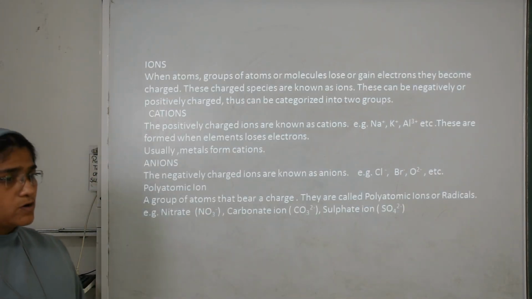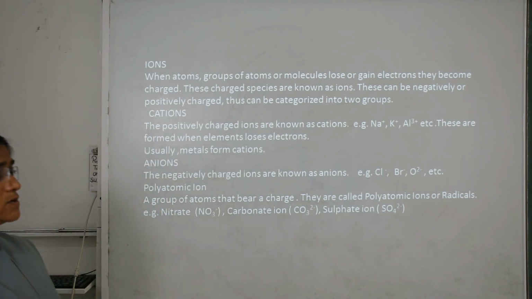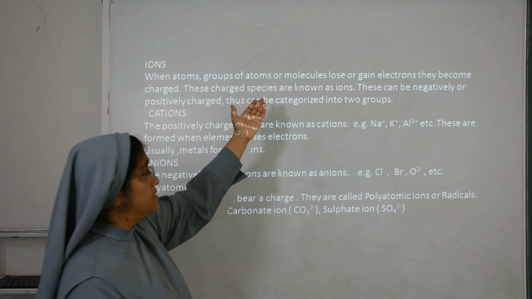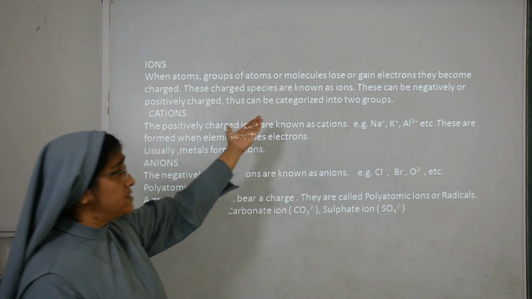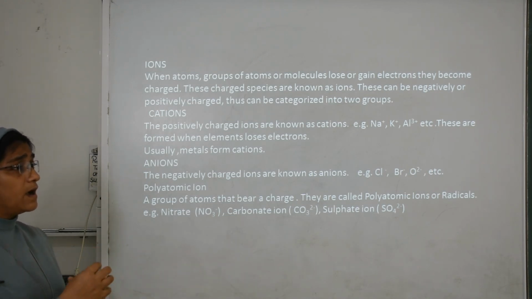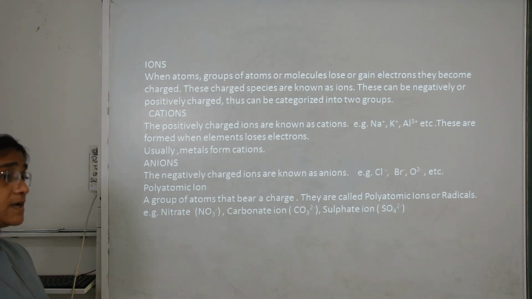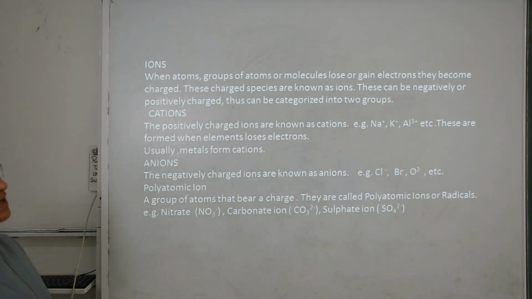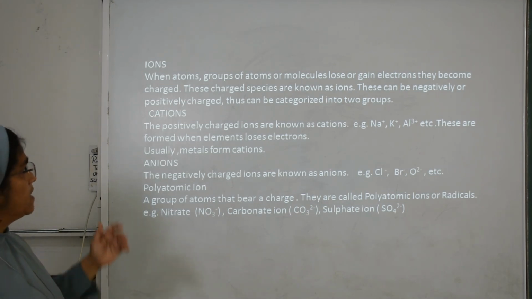Now we will study about ions. What is an ion? When atoms get charged, we call them ions. When atoms, groups of atoms or molecules gain or lose electrons, they become charged.